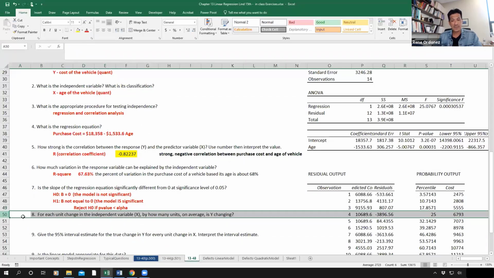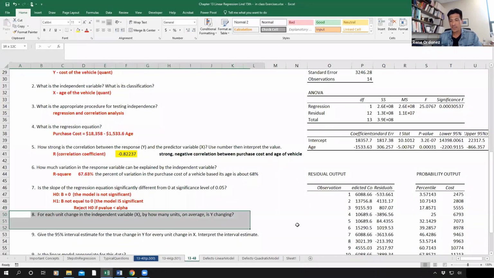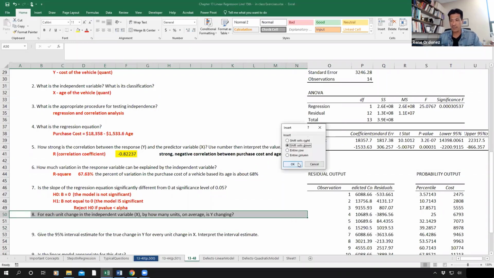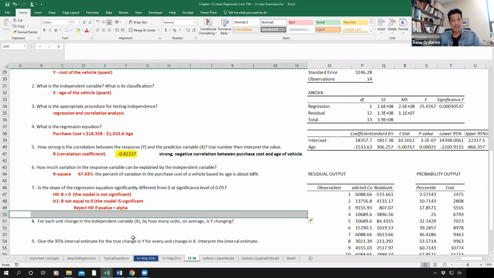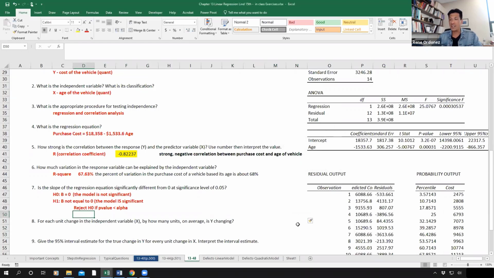I'm just going to insert a new row here. Where's the p-value? Well, the p-value in the output associated with the slope is over here, which should be the same as the significance of F. So you can use either one.